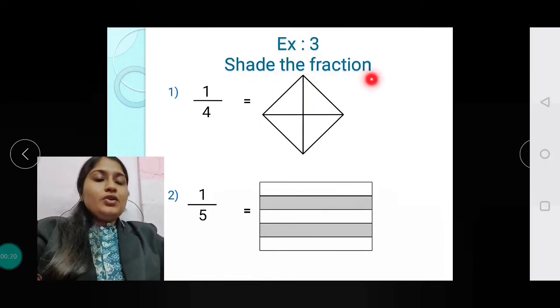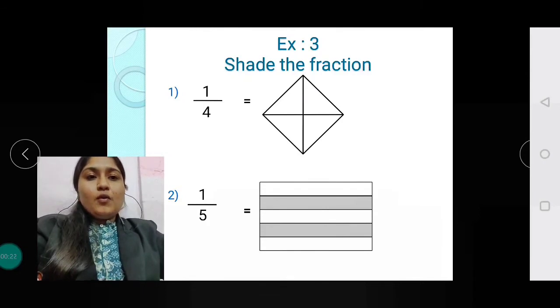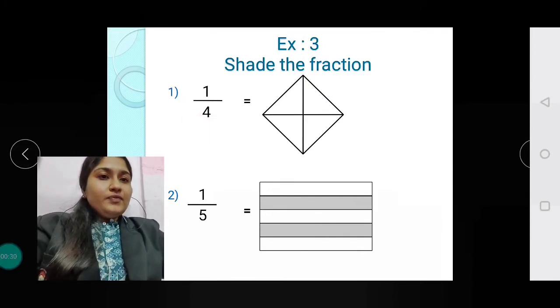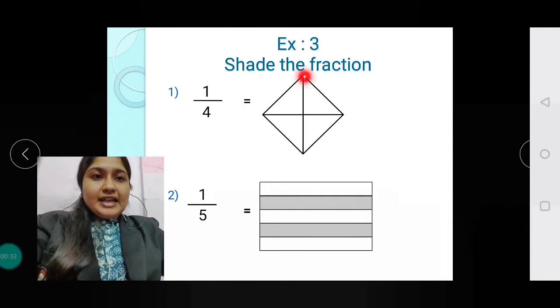Okay. So, here the first one is 1 upon 4. What else can you say? 1 by 4. Right? So, students, see. This shape is like a diamond, and it has 4 equal parts. ये diamond का shape है और इसको 4 equal parts में divide किया गया है, right?